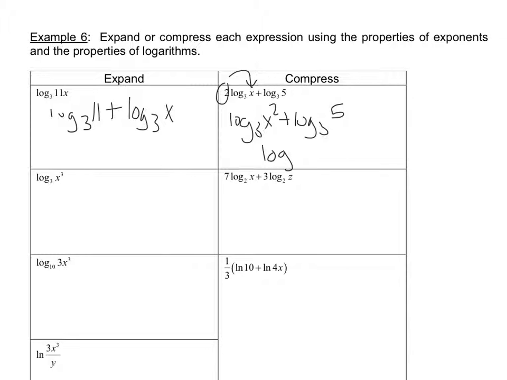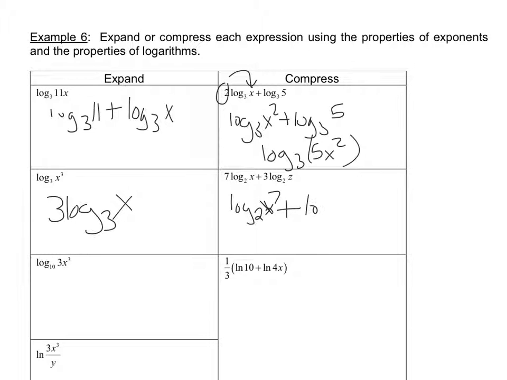So log base 3 of 5x squared. So now we're going to expand, so bring the 3 down. So it's 3 log base 3 of x. Condense here, we're going to go log base 2 of x to the 7th because we moved it up, plus log base 2 of z to the 3rd. Now it's multiplication, so you get log base 2 of x to the 7th, z to the 3rd.